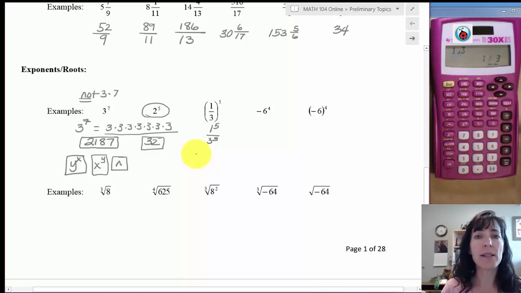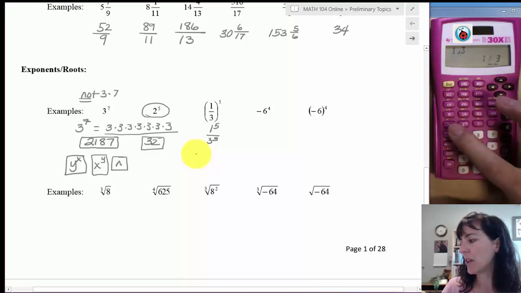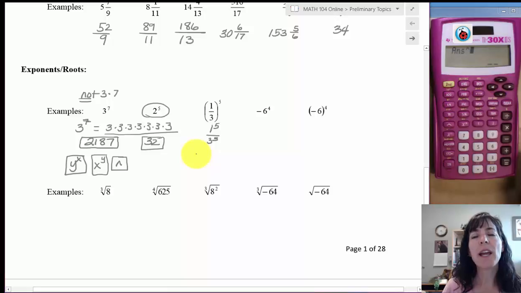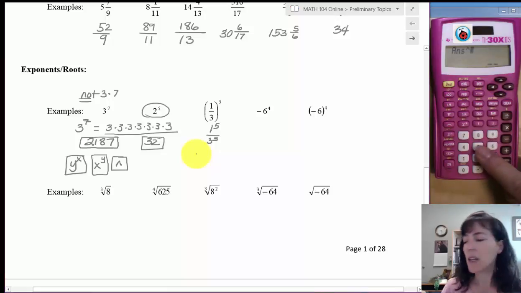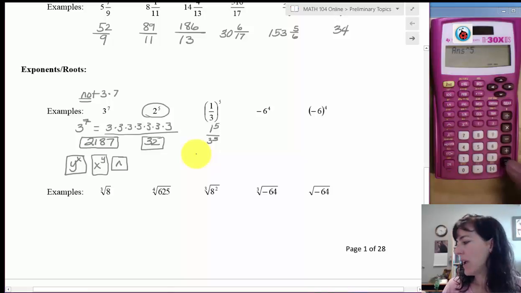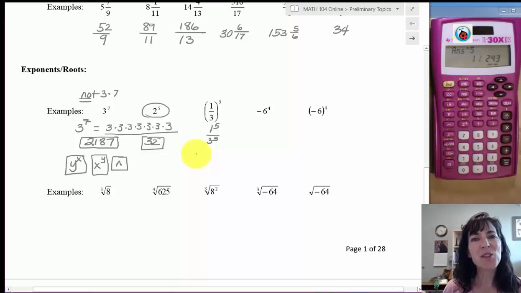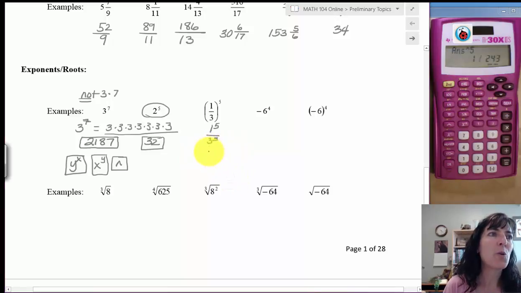Now it has that sitting in as my answer, and then I'll just do my to the button, and it's going to use that 1/3 that was the previous answer and take it to the 5th power, and then push enter, and it's going to leave it as a fraction for me. Sometimes we want that. So 1/3 raised to the 5th power is going to be 1/243.